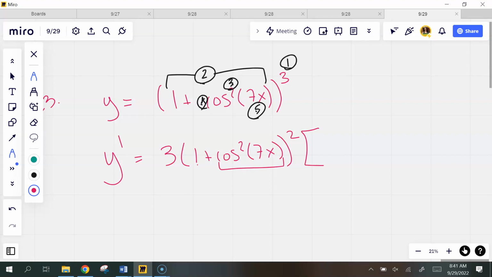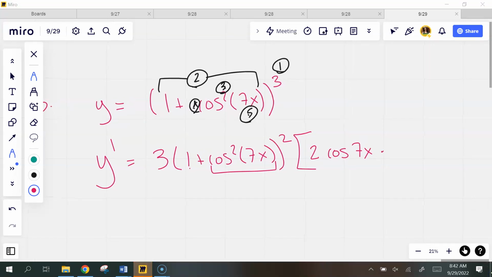Power rule again, right? Because this is cosine 7x squared. So I need to do 2 cosine 7x. Power, trig, inside trig. That's the power. Now the trig. Derivative of cosine is negative sine. Now inside trig.